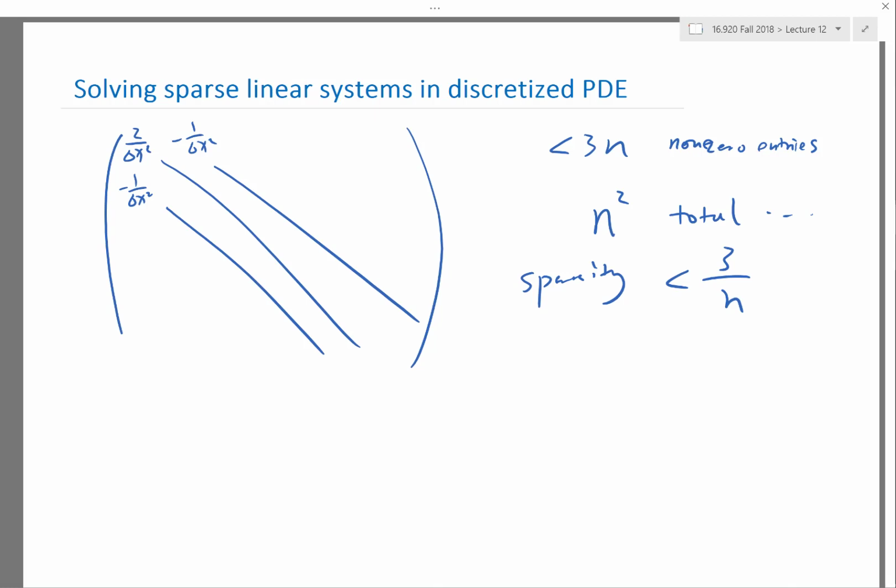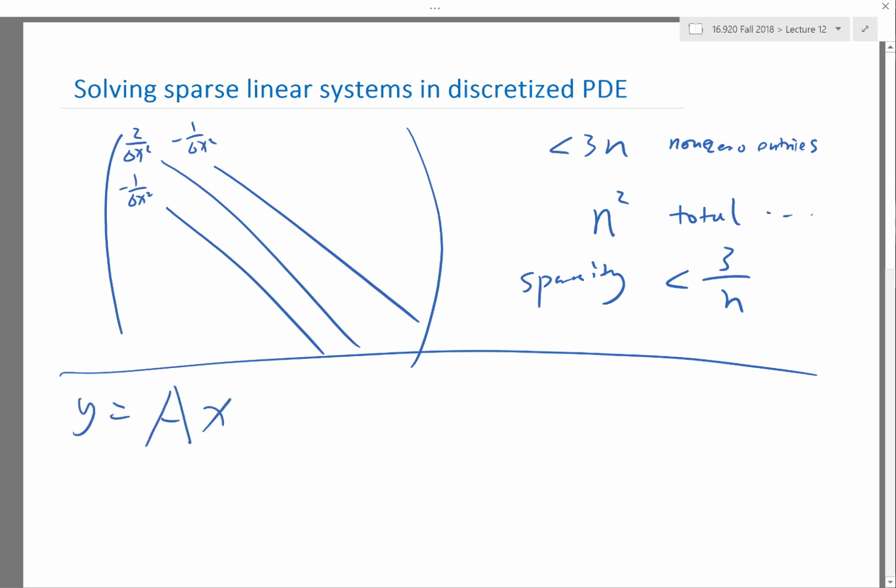All right. One of the easiest ways to take advantage of the sparsity of the linear system is what we call MATVEC, matrix vector multiplication. Instead of solving Ax equal to b, what if you just want to compute y equal to Ax?